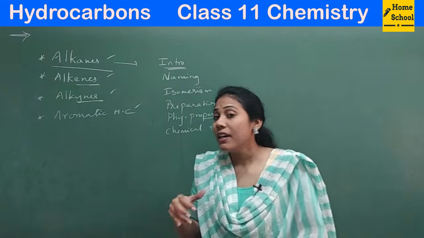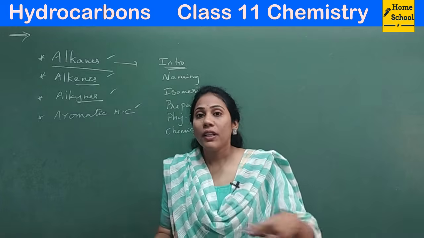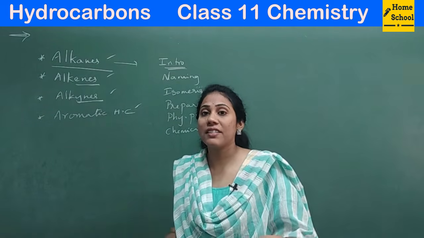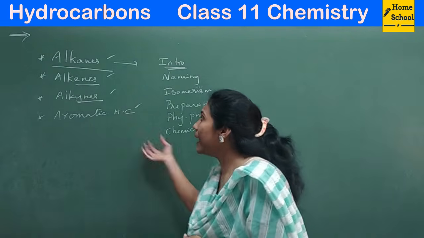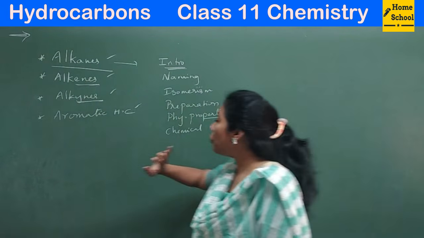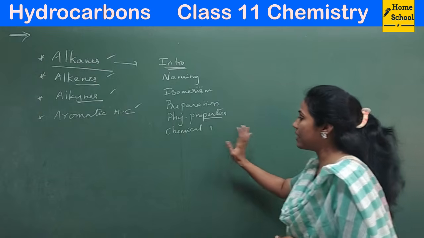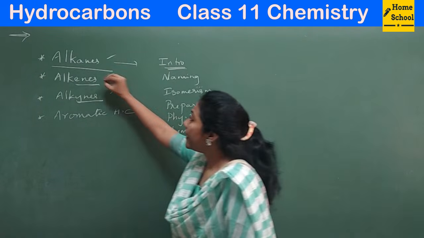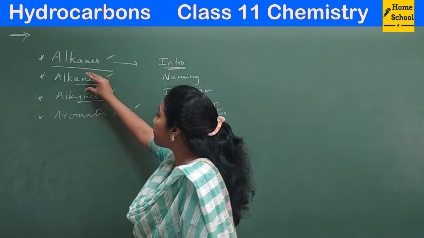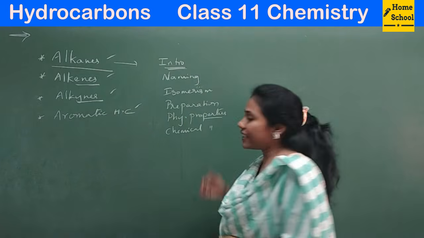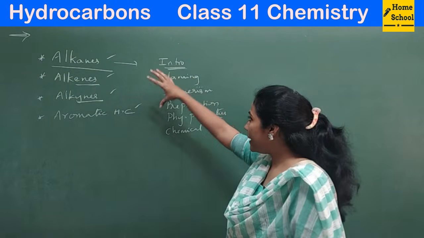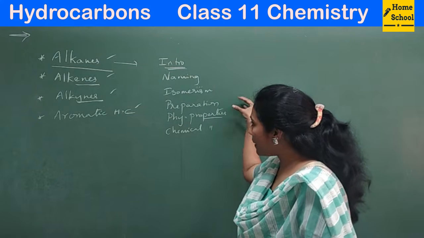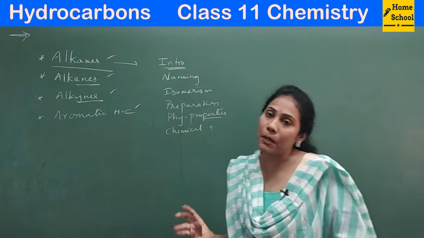Uses here means the way they react, what special reactions they undergo, and which new organic compounds you can prepare from these compounds. All of them we will discuss under chemical properties. So every hydrocarbon is studied under these headings only. First we'll discuss their introduction, then naming, isomerism, preparation methods, physical properties and chemical properties.